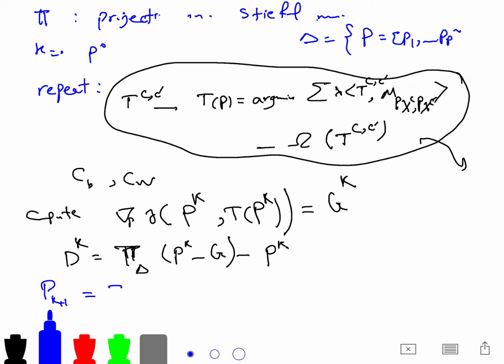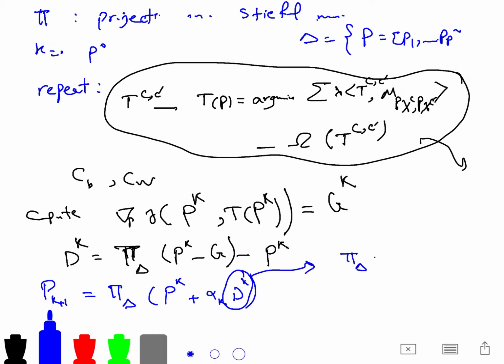But still, you need line search, either exact line search or backtracking. Any kind of line search is okay. But pk plus 1 is now the projection of pk plus alpha k dk. And this is the direction of your projected gradient descent.